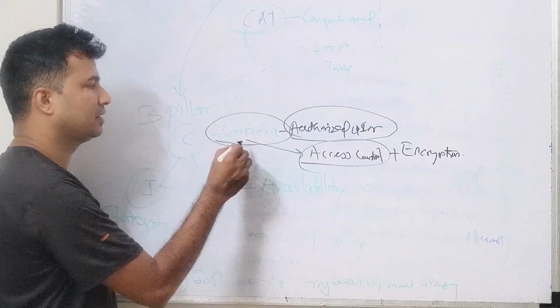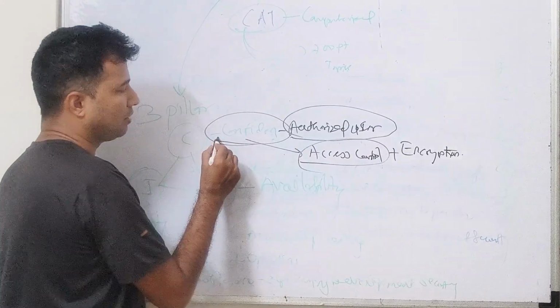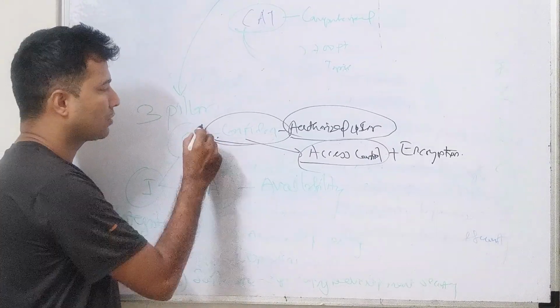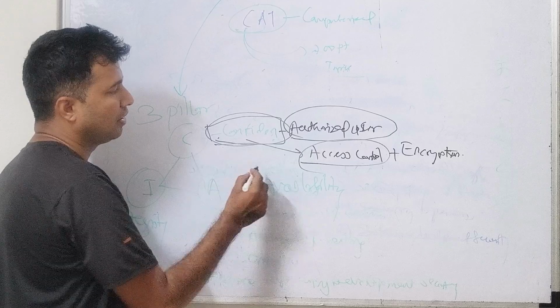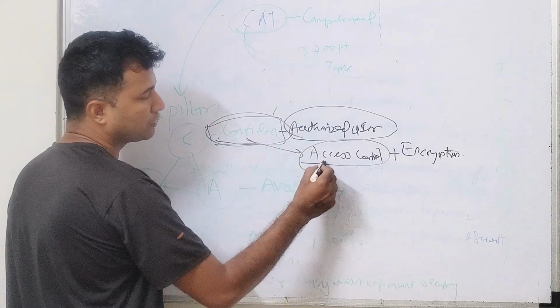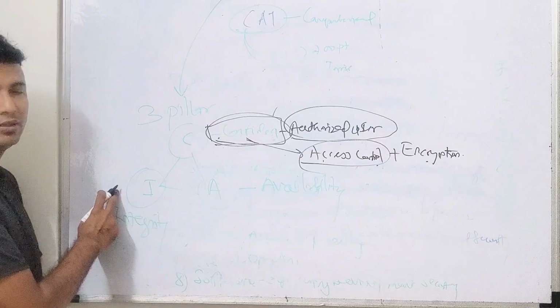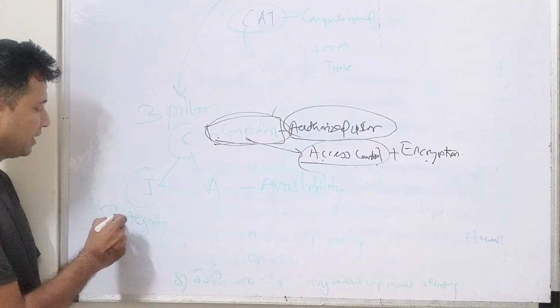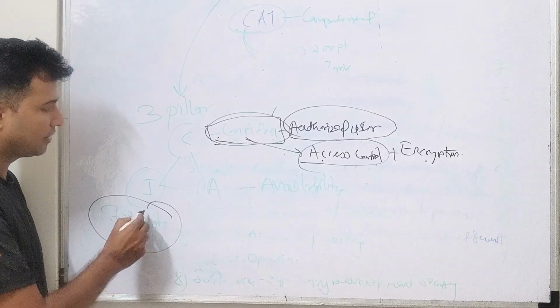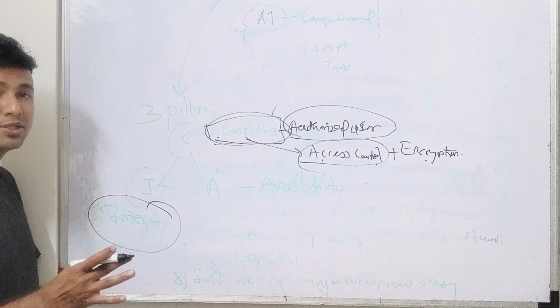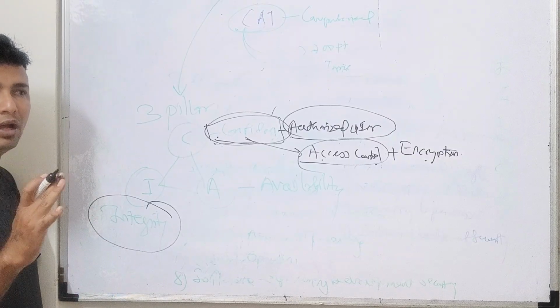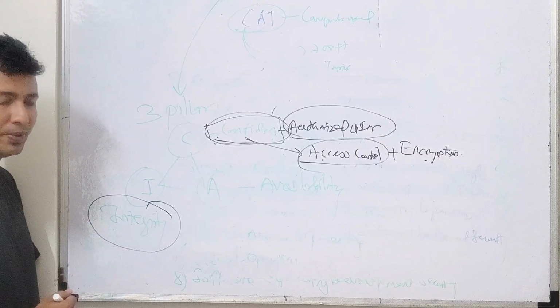So when information is accessed by the intended user, it is confidentiality, and for that we implement those two steps, access controls and encryption.